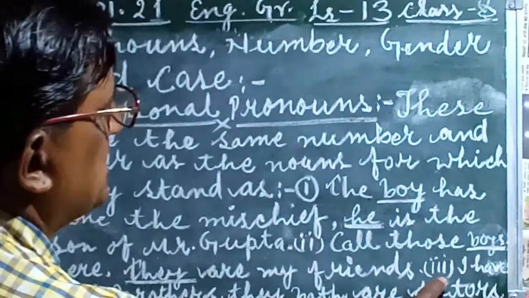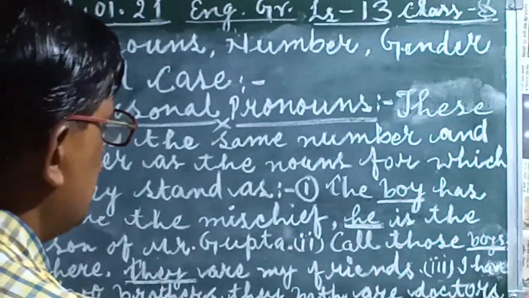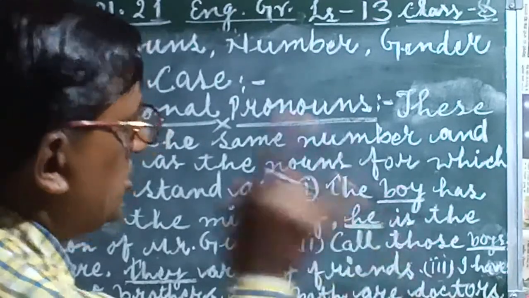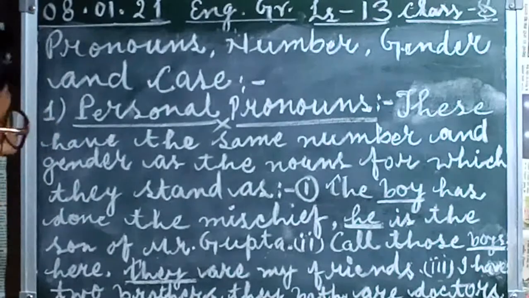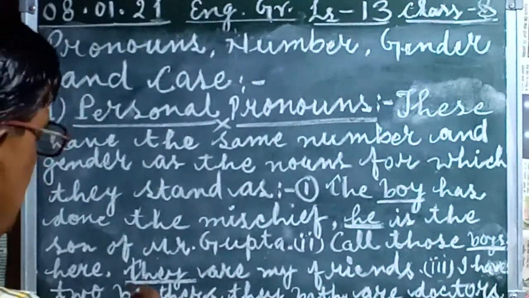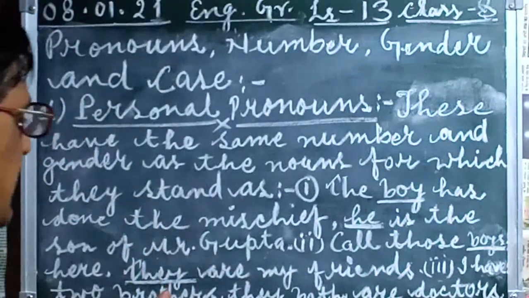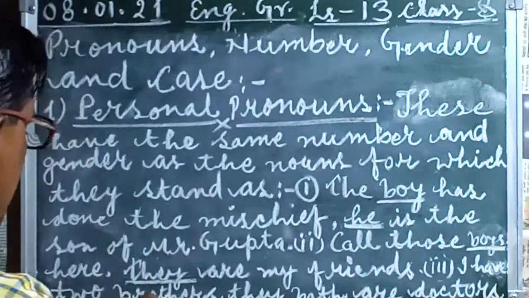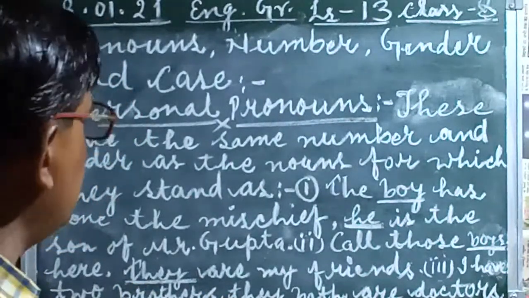In the third sentence we are taking: I have two brothers, they both are doctors. Two brothers is a noun here, plural number, and a pronoun is used in its place.